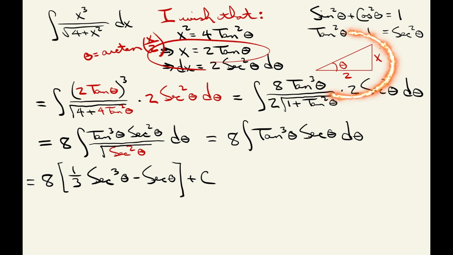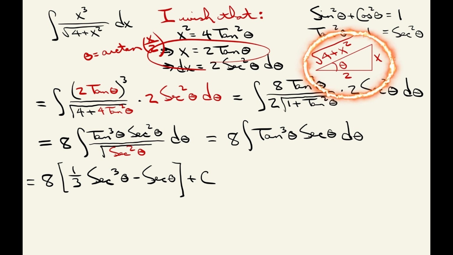It follows from the Pythagorean theorem that the square of the length of the hypotenuse must be 4 plus x squared. In other words, the length of the hypotenuse is the square root of 4 plus x squared. From this, we can see that secant theta, the hypotenuse over the adjacent side, must be the square root of 4 plus x squared all over 2.